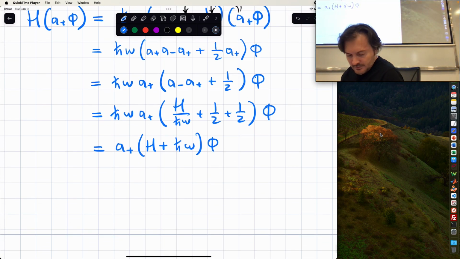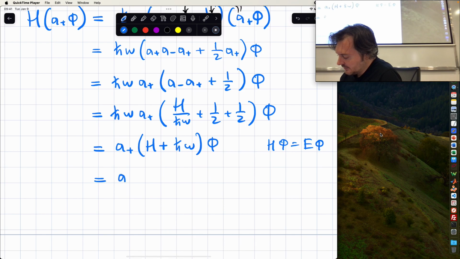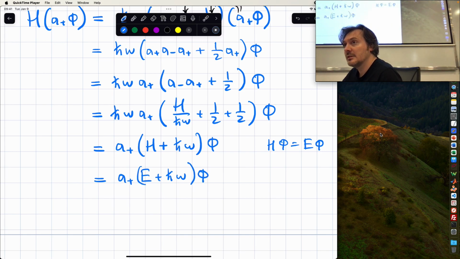Now comes the nice part. The nice part is that we know that HF is EF, right? So I can write it like this: A plus E plus H bar omega F, because HF is EF. Now it's just a number.